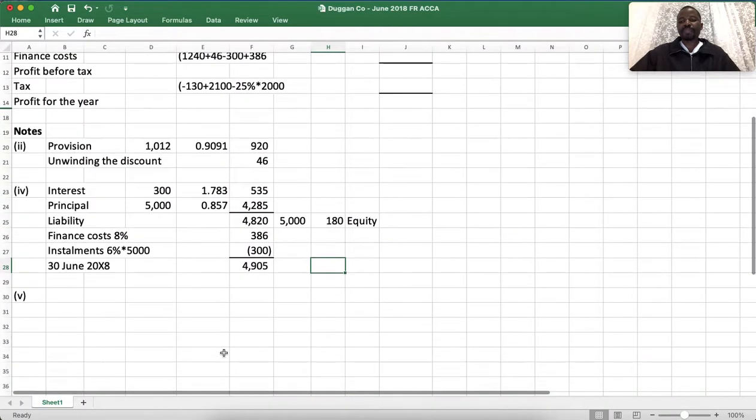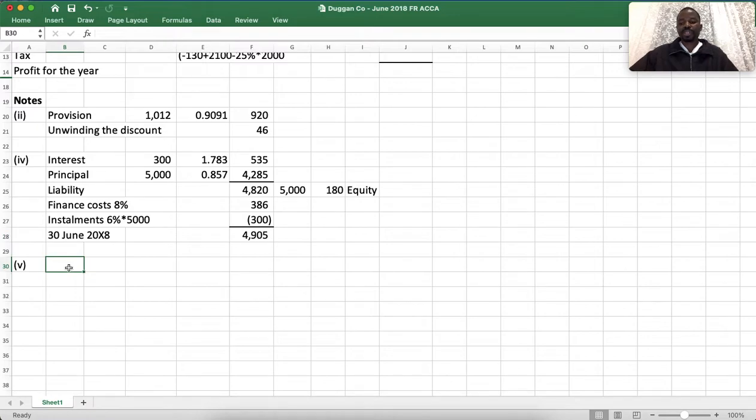So we come down here, we say excess finance cost. The excess finance cost that should not be capitalized, we agreed, is 2,560 was the total interest.